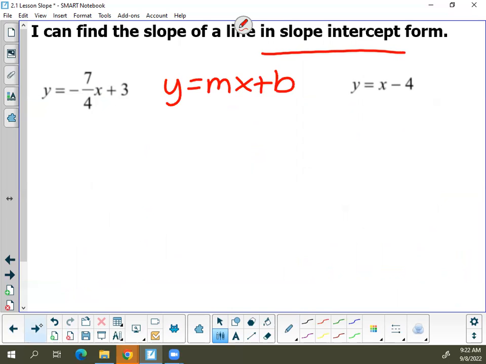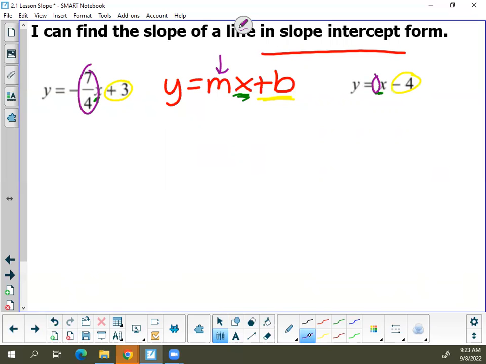We have some constant, which we call b, at the end of the equation. We have an x, and then we have some number in front of x, which is m. M is our slope, just like it was in the formula where we subtract y and then divide by subtracting our x's.